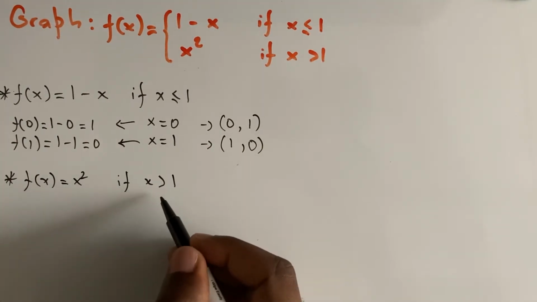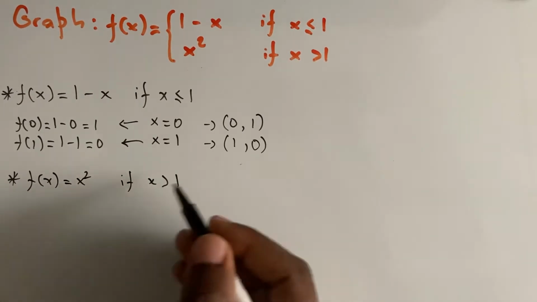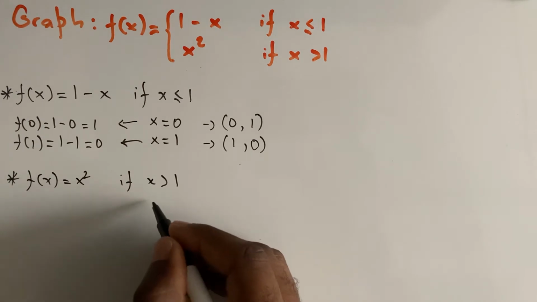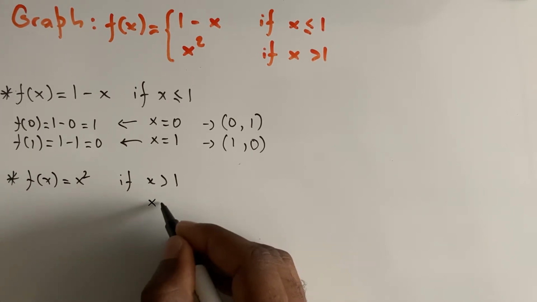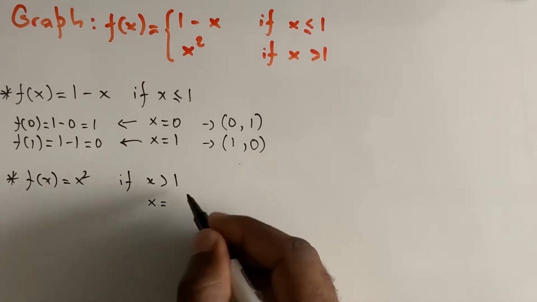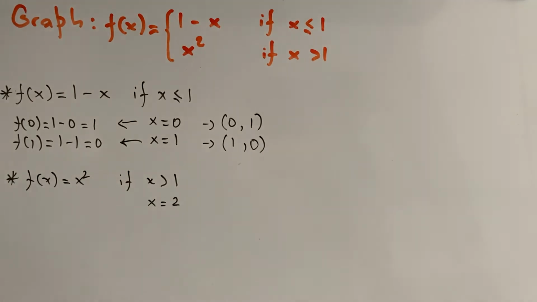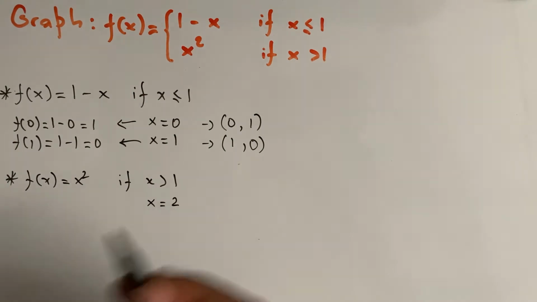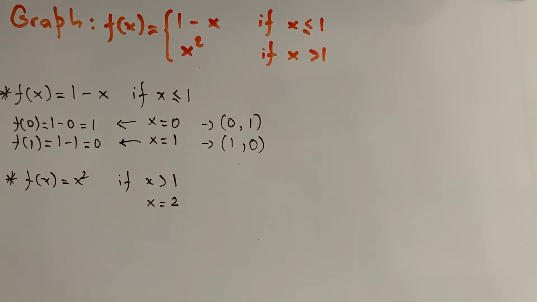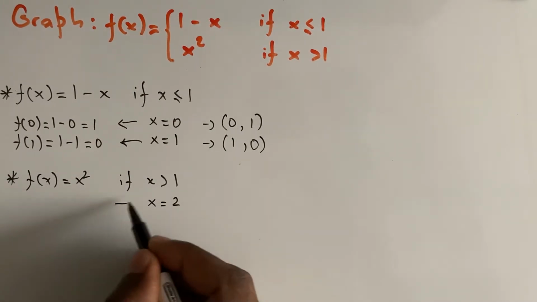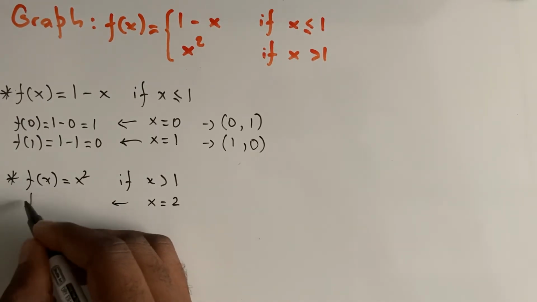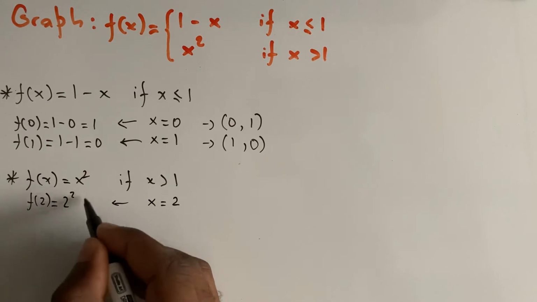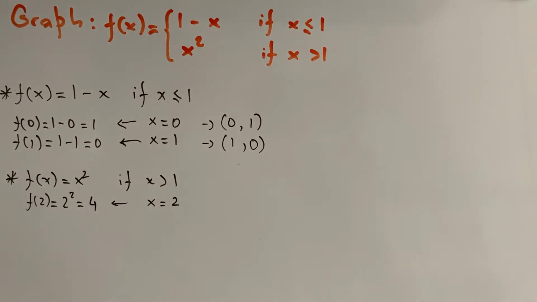If x is greater than 1, what type of values would we have? Okay, well, x could be something like, let's say 2, right? You could pick more than 2 values, but hey, let's say x is 2 in this case here. Now if x is 2, you'll have f of 2 equals 2 squared, which is 4, right?